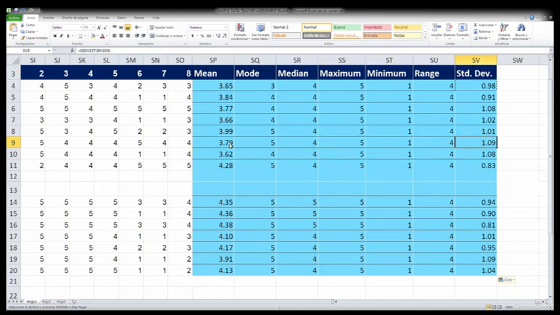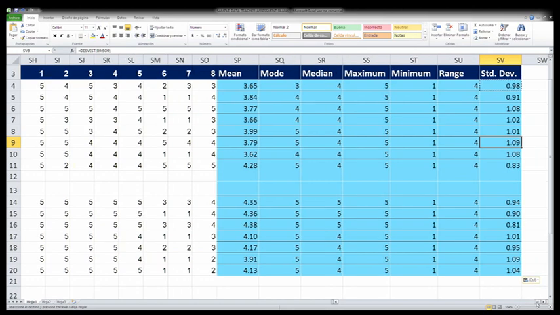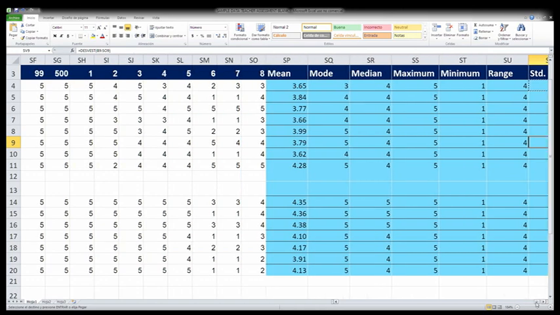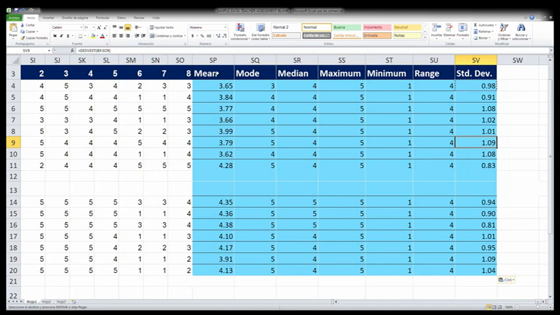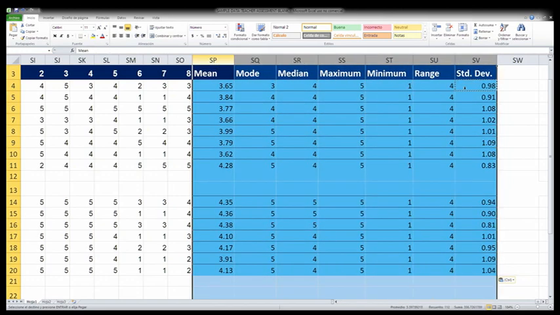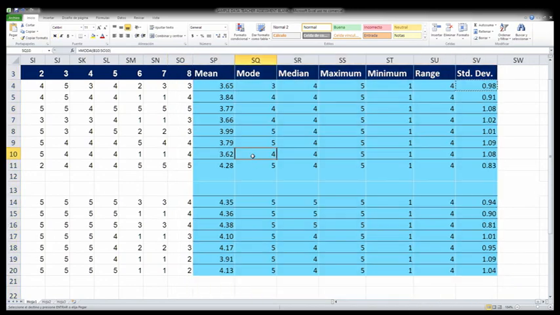And then, of course, this standard deviation is showing that there is a lot of variability. So now, if you see, my results are telling me something. My results, ladies and gentlemen, are telling me that in some aspects, the teachers did a great job. And in some other aspects, they were not that great.